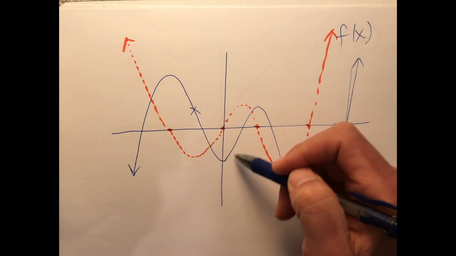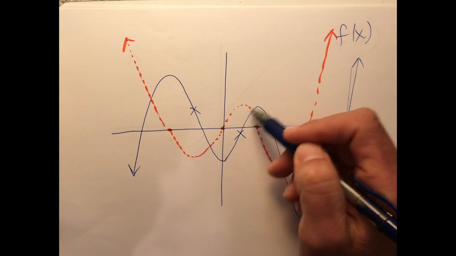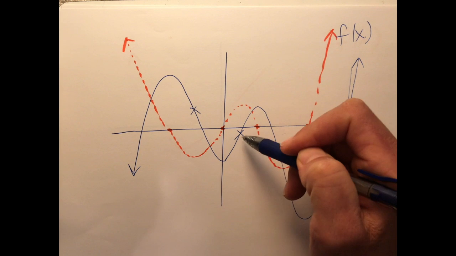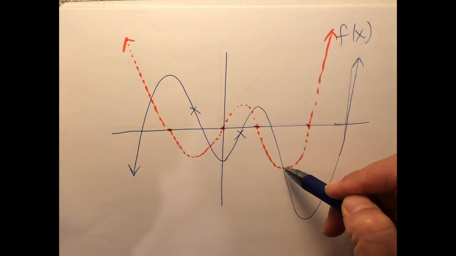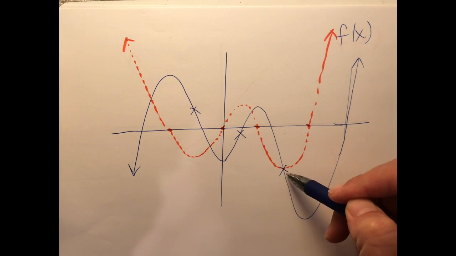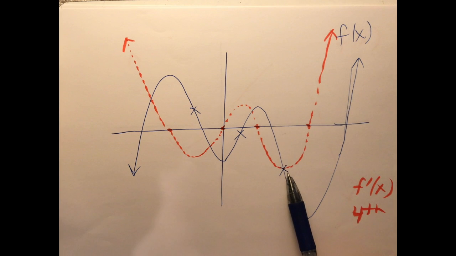Now I'm concave up, but right around here, it goes from up to down. I'm going to keep following along here, down, down, down, and right around here, I'd say my graph changes to up. So I have 1, 2, 3 places where my original function in blue, the f of x, changes concavity.